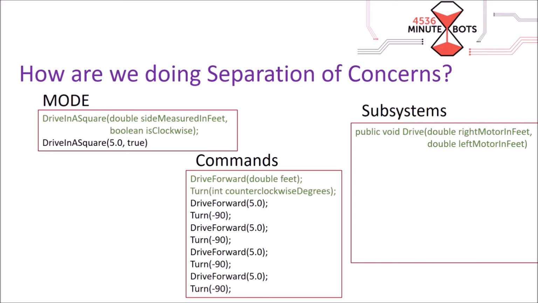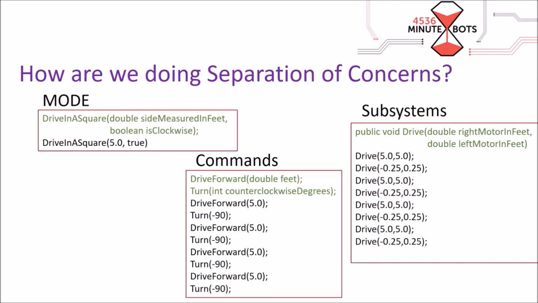The mode doesn't care about the subsystem. It just tells the command what to do and the command does it. So the command is going to turn to the subsystem and it's going to do something like drive 5, 5, drive negative 0.25, positive 0.25, which will turn it. Not sure it'll be 90 degrees, but that's just a quick example. That is the command it's going to pass to the subsystem.